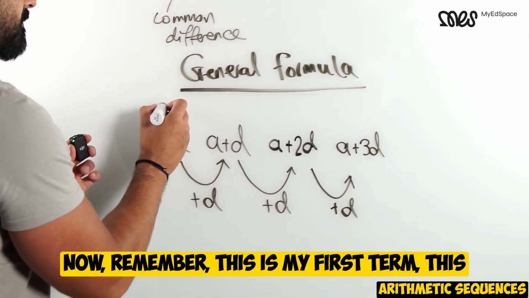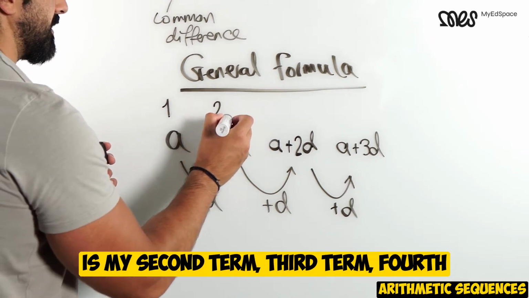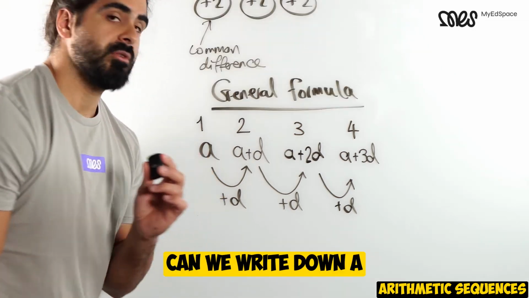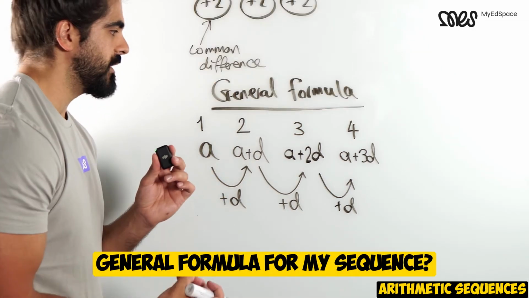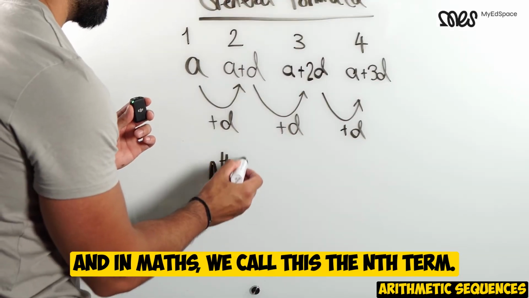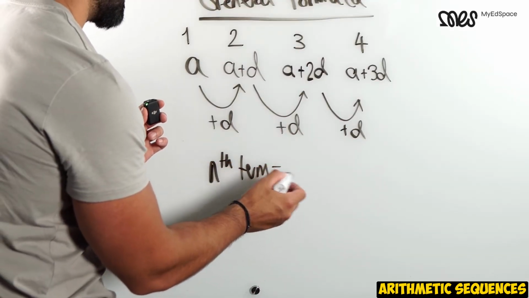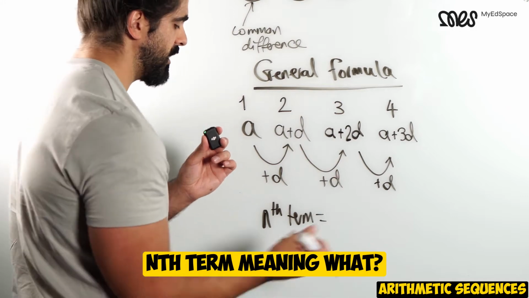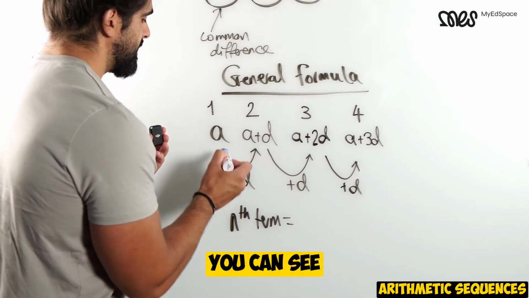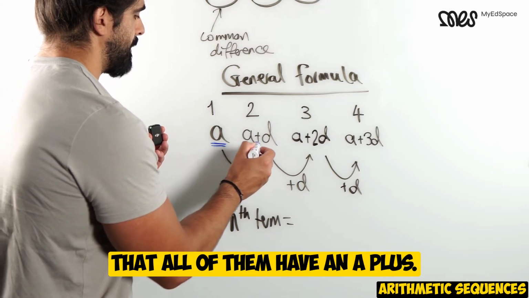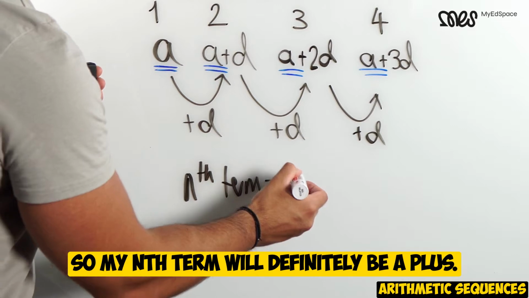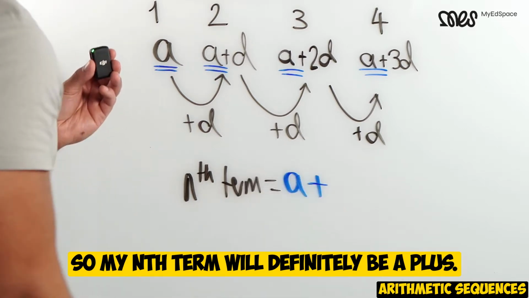Now remember, this is my first term. This is my second term, third term, fourth term. Can we write down a general formula for my sequence? In maths, we call this the nth term. Nth term meaning, what if I wanted the 10th term? When you look at each term, you can see that all of them have an A plus. So my nth term will definitely be A plus.